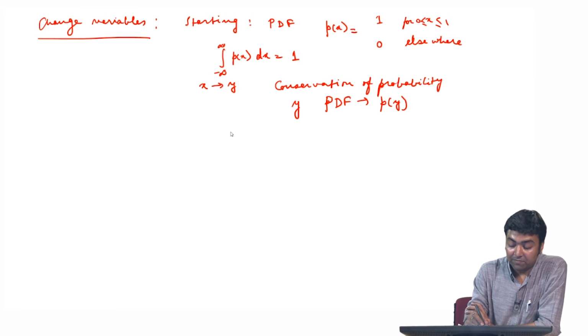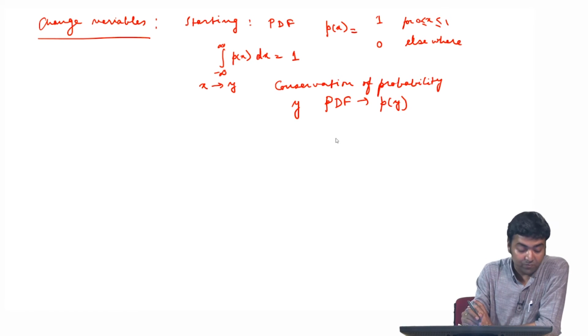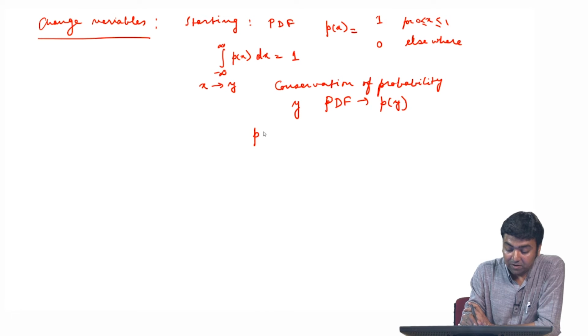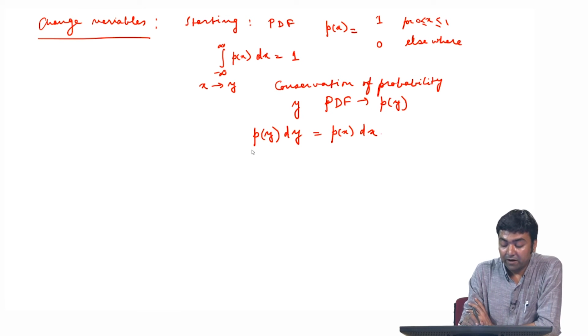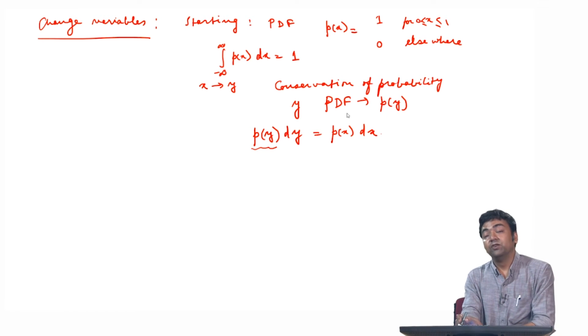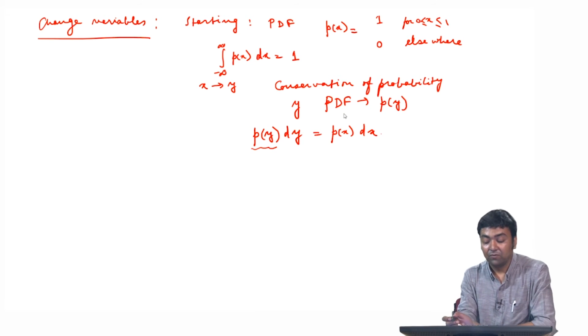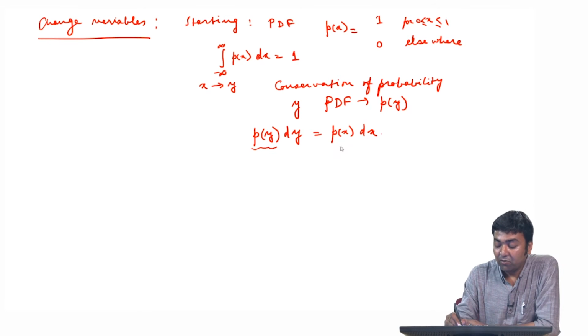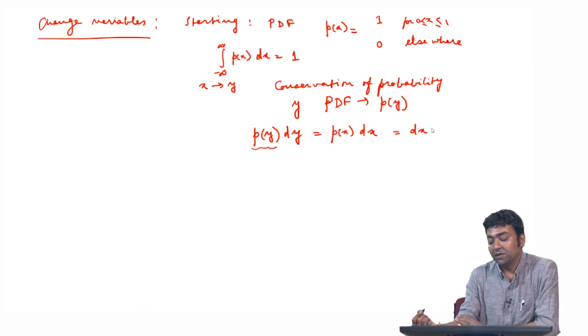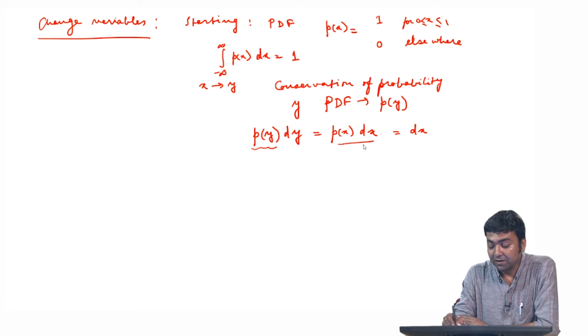According to the conservation of probability equation, p y dy should be equal to p x dx. Here my p y dy is the new probability distribution function which I want to go to, but we already know that p x is equal to 1, so the right hand side is nothing but dx.